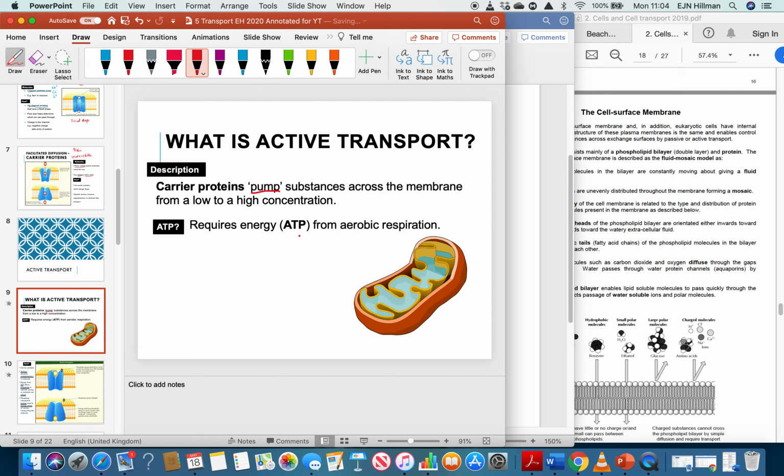Energy is provided by the hydrolysis of ATP, and that ATP tends to be produced by aerobic respiration. So, in cells that do a lot of active transport, we tend to find a lot of mitochondria. So cells that are adapted for active transport will contain a high density of mitochondria.